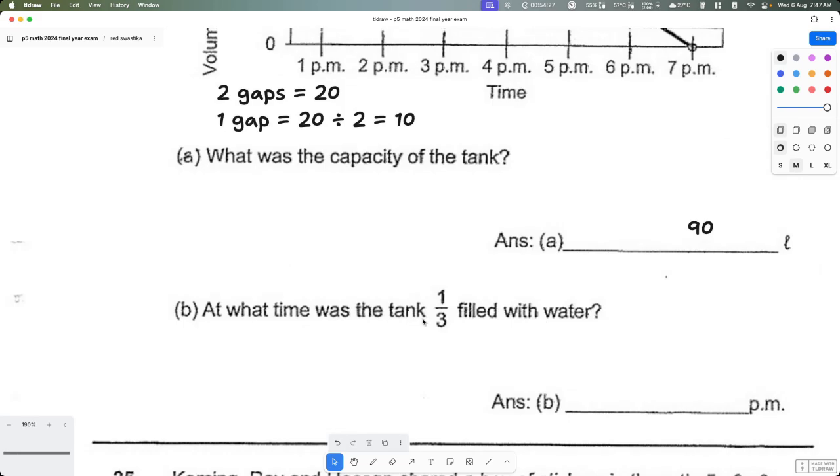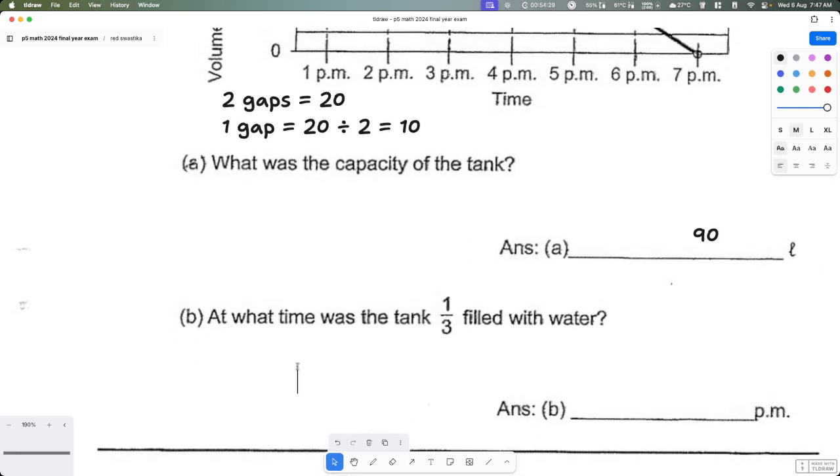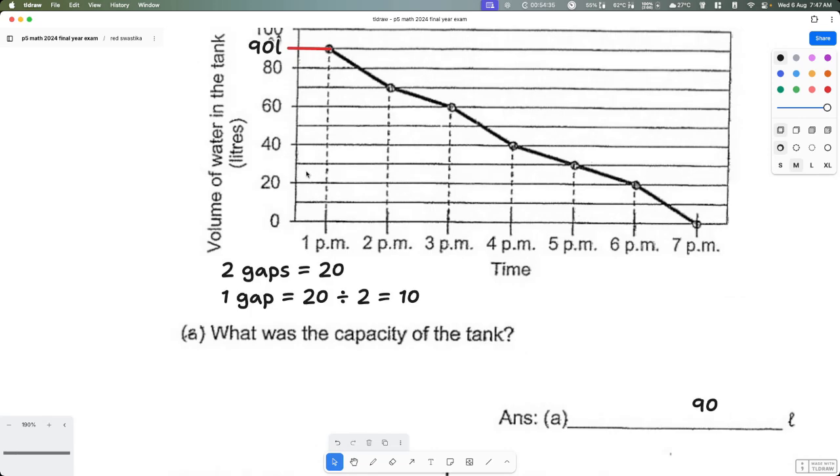Okay, at what time was the tank one third filled? Okay, so 90 times one third is equal to 30 liters. So which one is 30 liters? 30 liters is 6 p.m. Over here, if we draw the line in between 30, oops, not 6 p.m., actually 5 p.m. I get it wrong. And then, oops, so this is 30 liters.